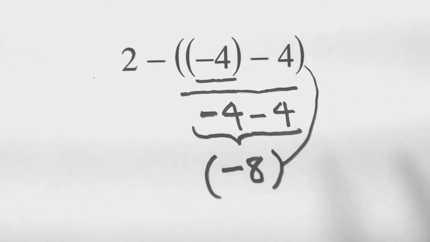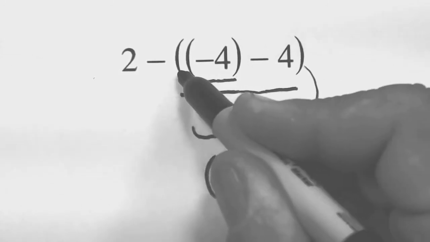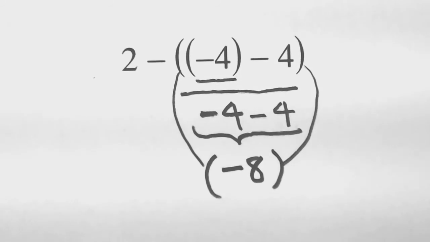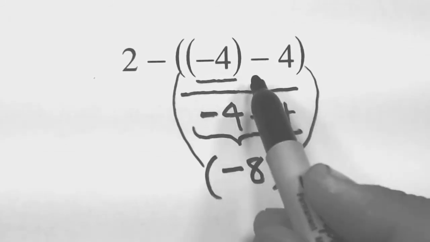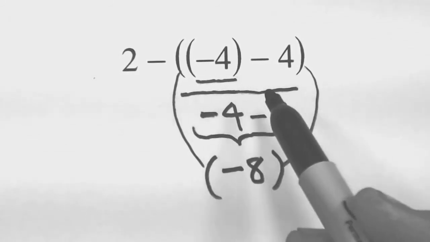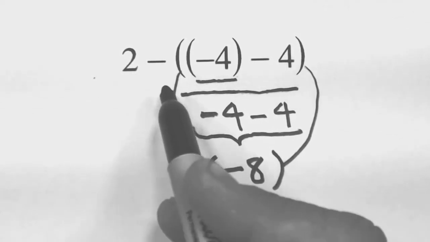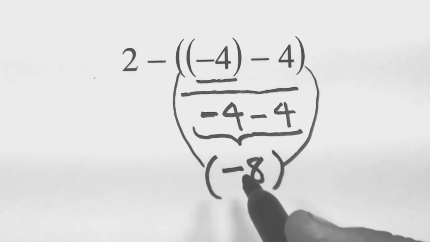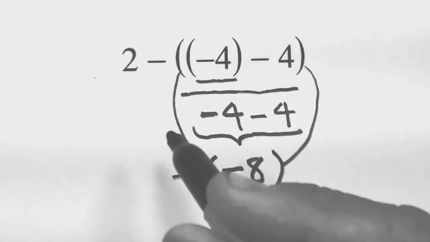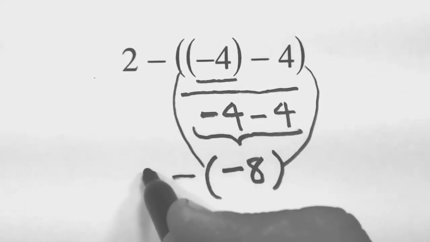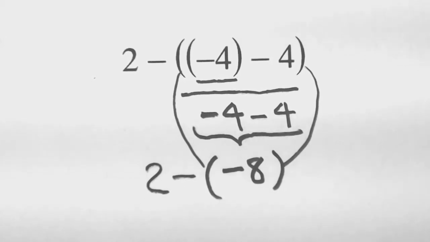So what we end up with here is inside this original big set of parens, we've got -8. Now, here's the right side paren that's still here. Here's the left side paren that's still there. What I've done is worked on the inside here and got it down to a single number. There it is. Now, go back and copy down all the things that you haven't used yet in this problem. The minus sign hasn't been used, and the 2 hasn't been used.